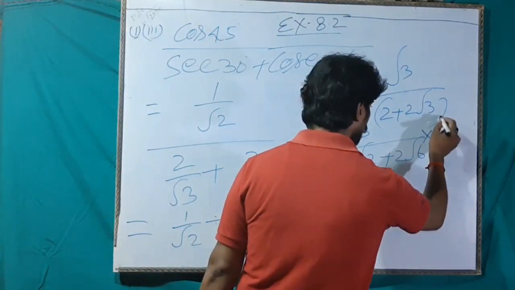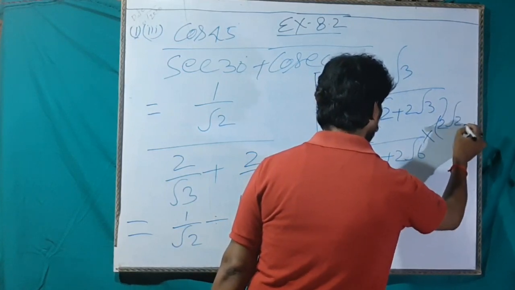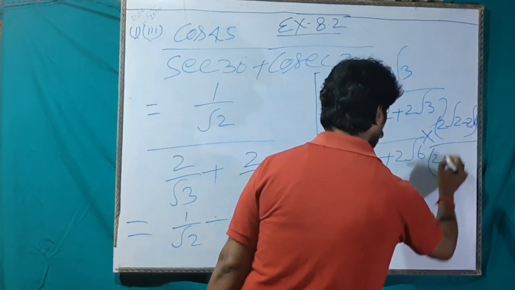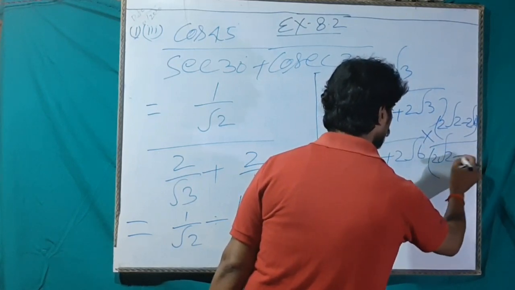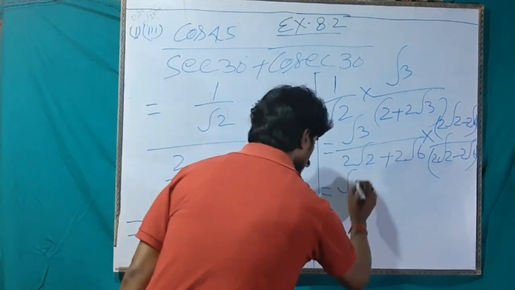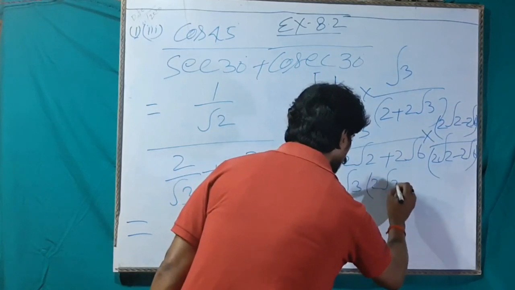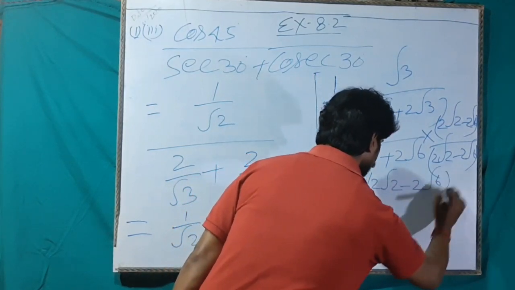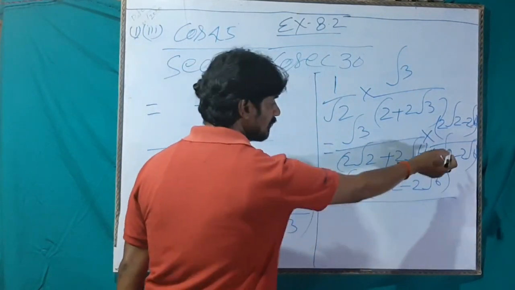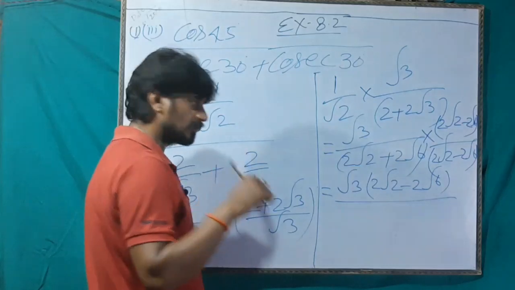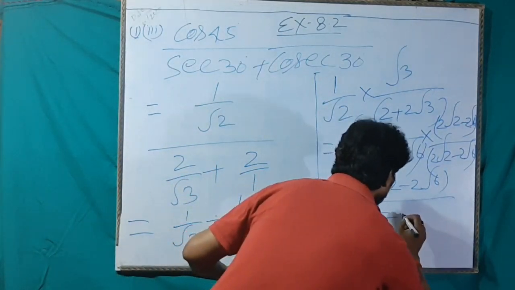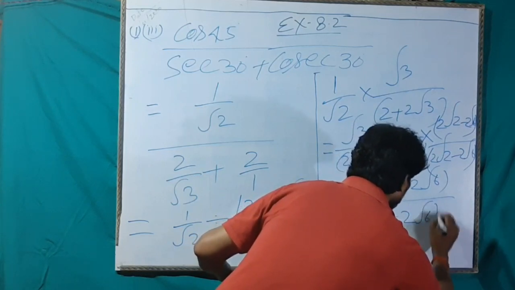That means we will multiply by 2 root 2 minus 2 root 6 in numerator and denominator. We will get root 3 into 2 root 2 minus 2 root 6, by, here (a plus b) into (a minus b) means a square minus b square, so we will write 2 root 2 square minus 2 root 6 square.